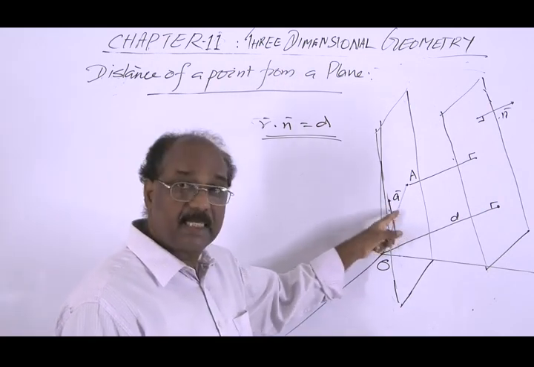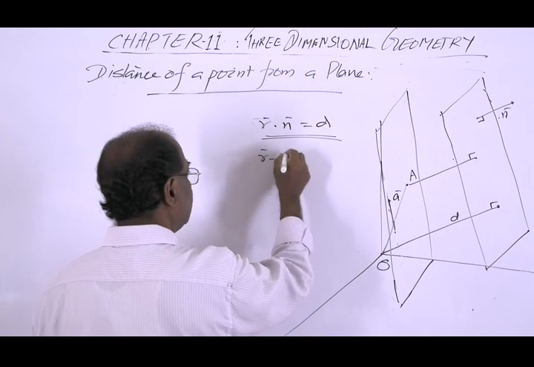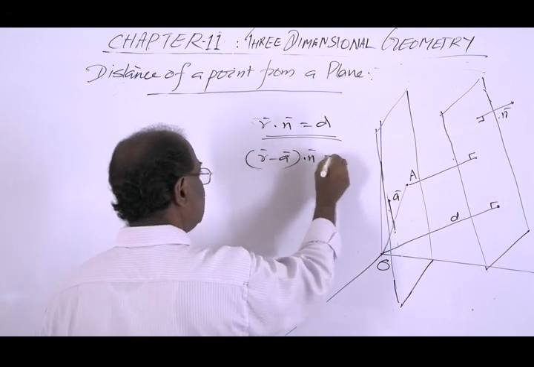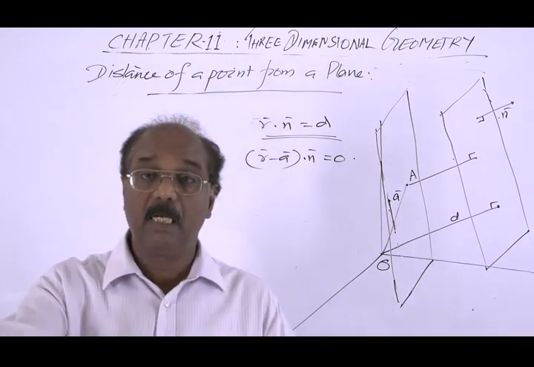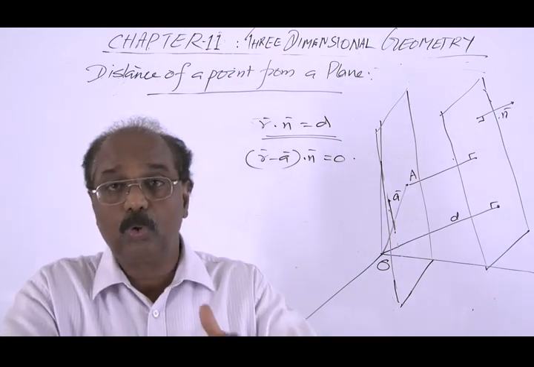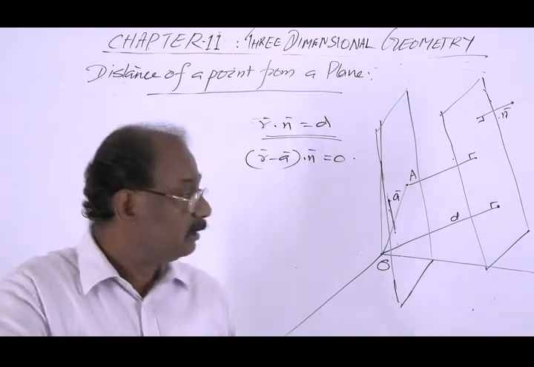Since the second plane contains A, its equation can be taken as r minus a dot n is equal to 0, the equation of the plane passing through a point and perpendicular to a vector.